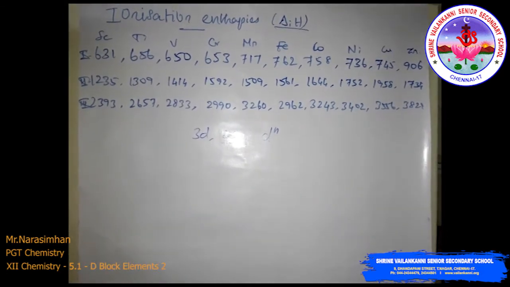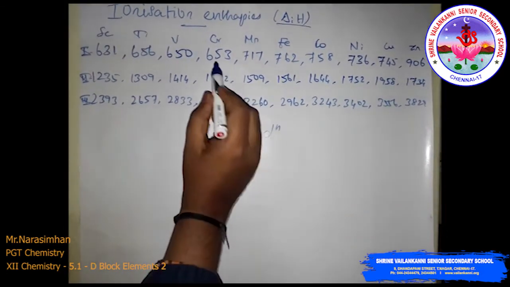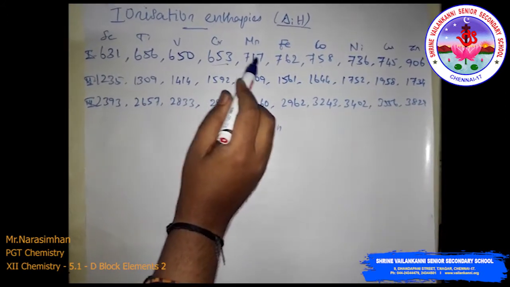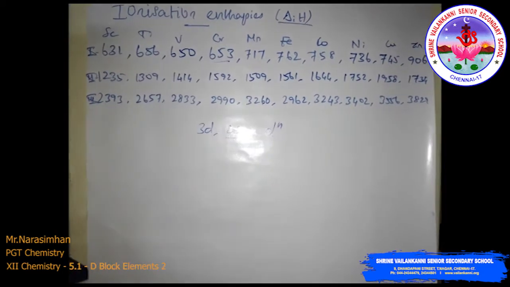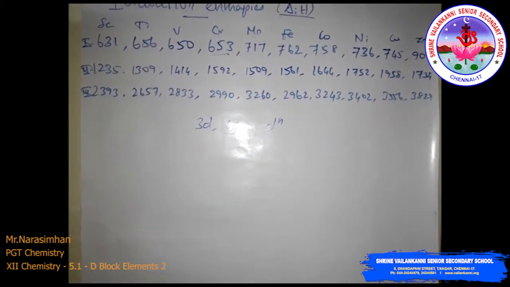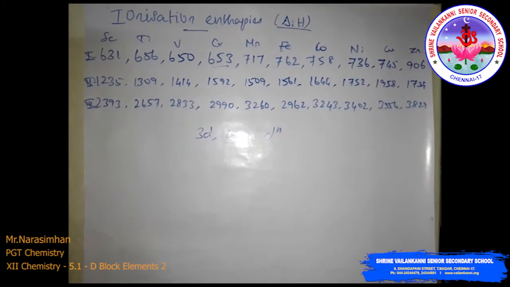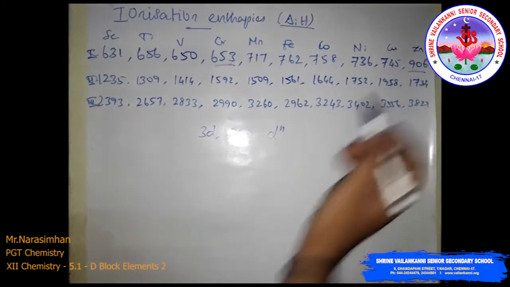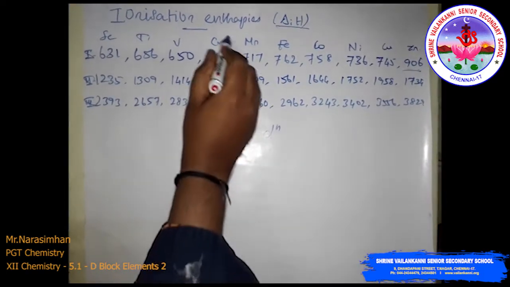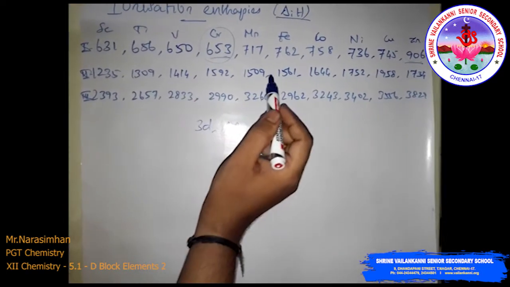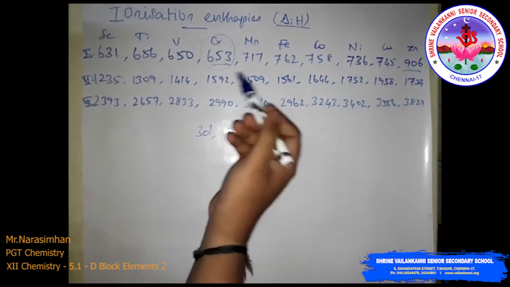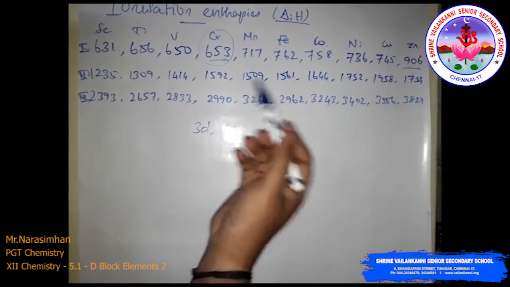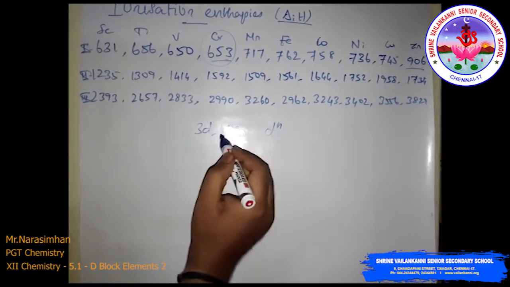Look at the value of chromium. It is lower because of the absence of a change in the d configuration, compared to the value of zinc. The value of zinc is higher because the ionization is from the 4s level.